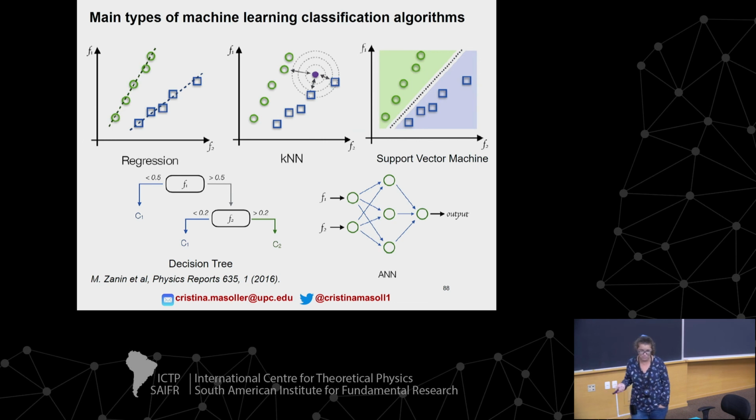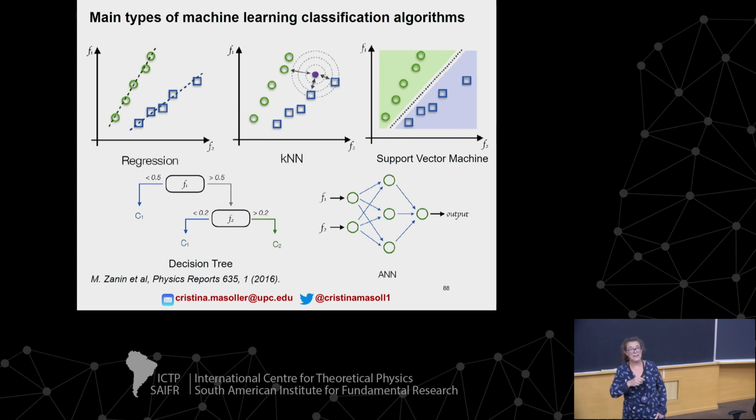So suppose you have 2 features, the permutation entropy and some other feature that you obtain in some way. There are lots of methods for dimensionality reduction. I just don't have time to talk about that, but there are many ways you can get, from all these features, 2 which are some sort of combination, like magic, and then you can do a regression, some type of clustering, some classification, and so on.